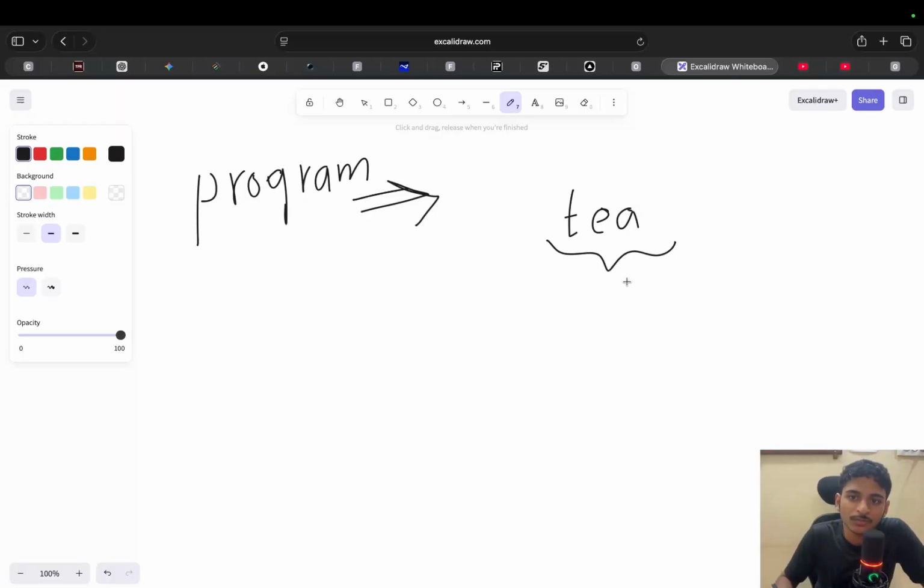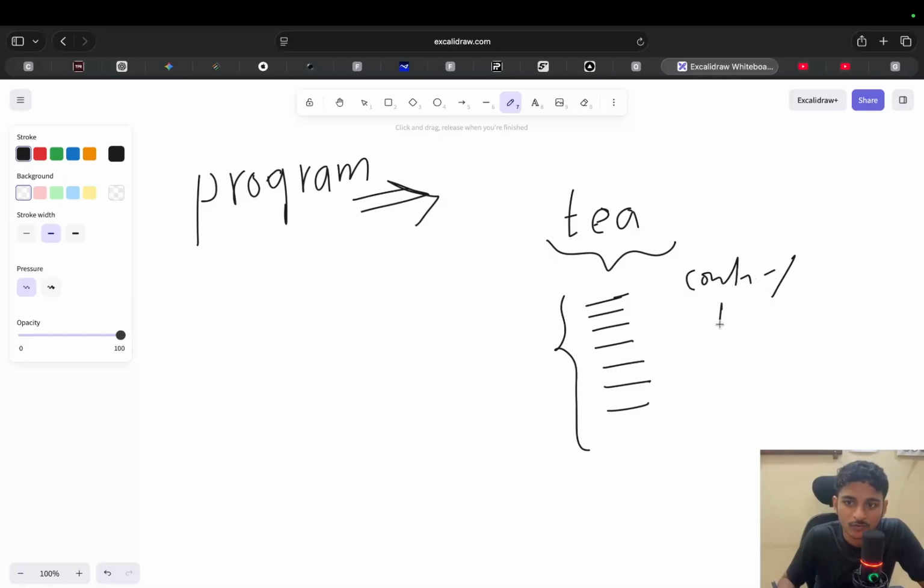I'm assuming you want to make tea. To make tea, you need a set of steps, instructions, right? First, take a container or a kettle, take some water, boil it. So you write some steps to get our product, tea, right?